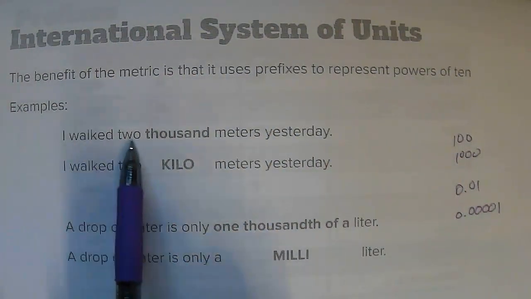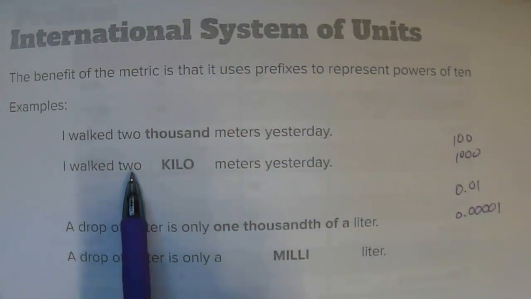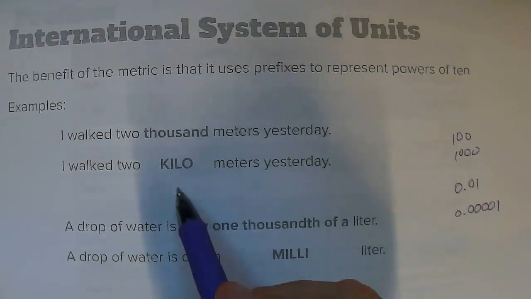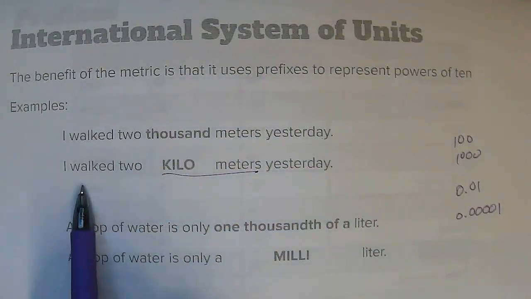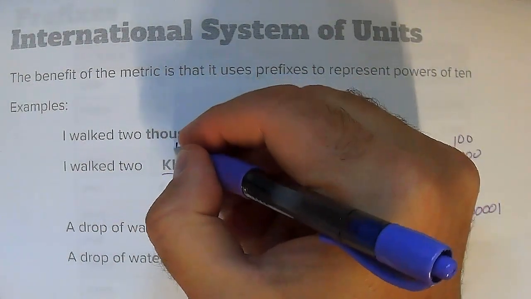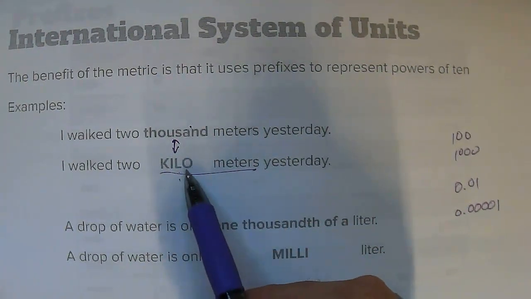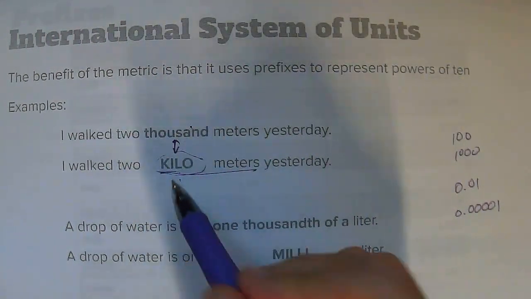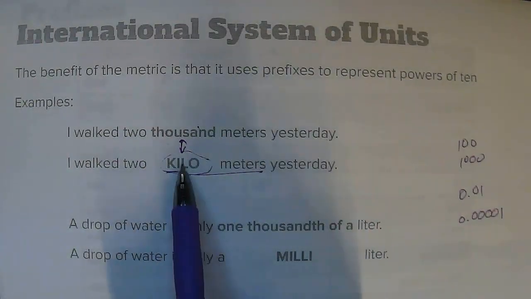So instead of saying I walked 2,000 meters yesterday, you could say I walked 2 kilometers yesterday. The number 1,000 is translated into the prefix kilo, and it makes it easier for us to understand.